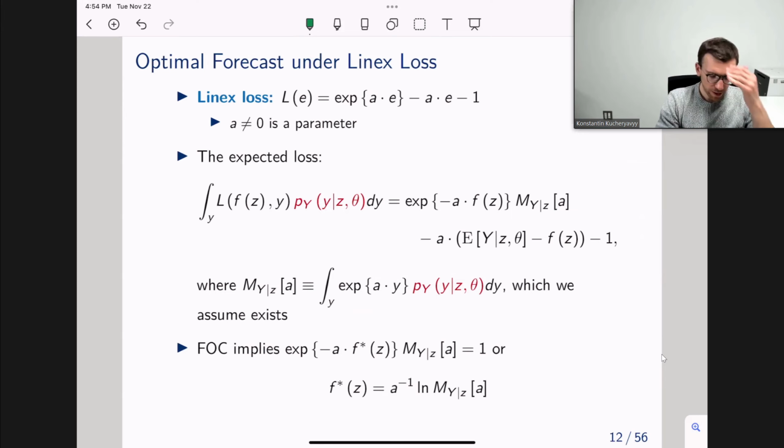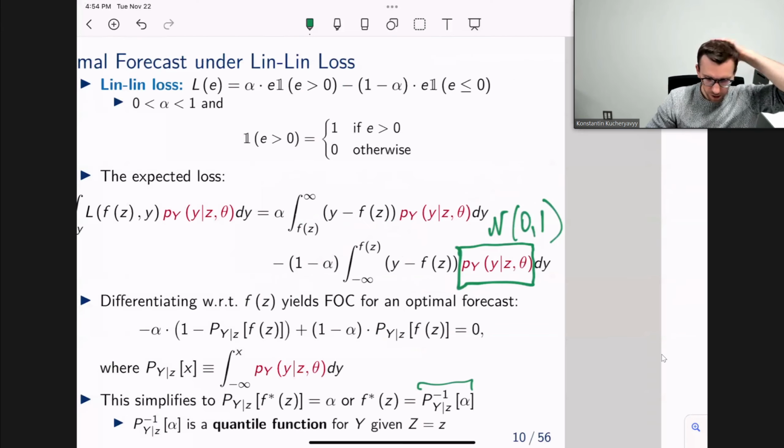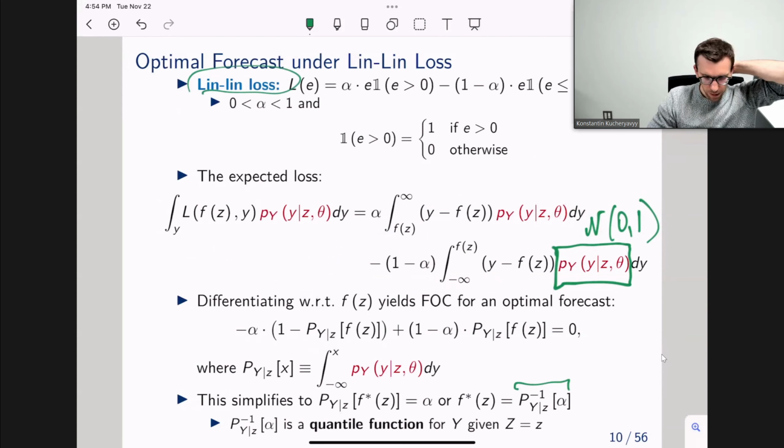Sorry, one thing that I wanted to mention about this lean loss is that obviously this is related to quantile regressions. If you heard about quantile regressions or ever encountered them in your econometrics class, lean loss is the loss that generates estimates for the quantile regressions.